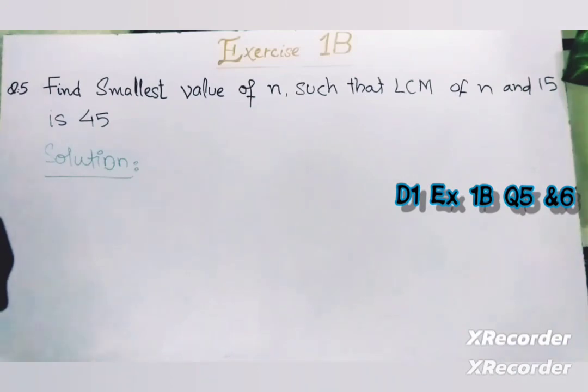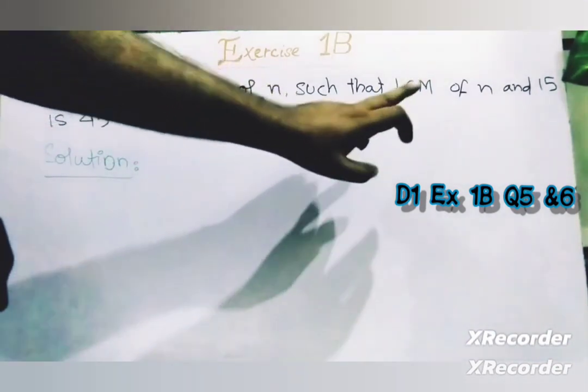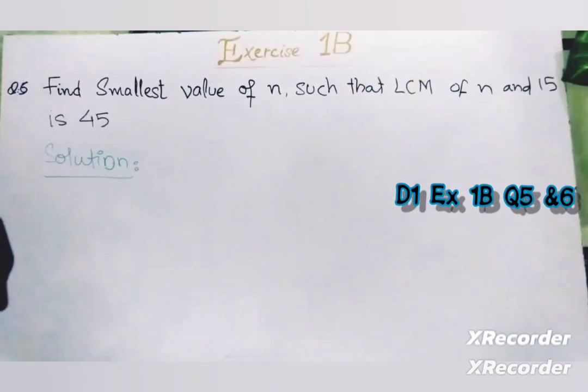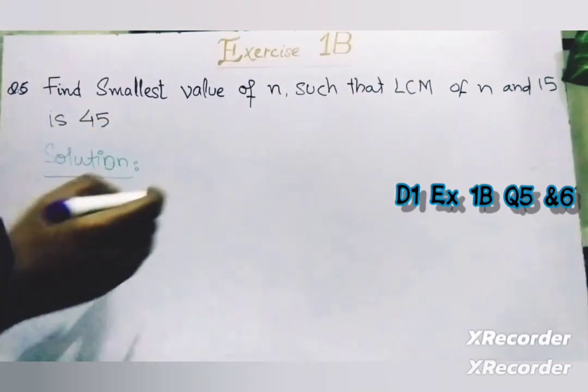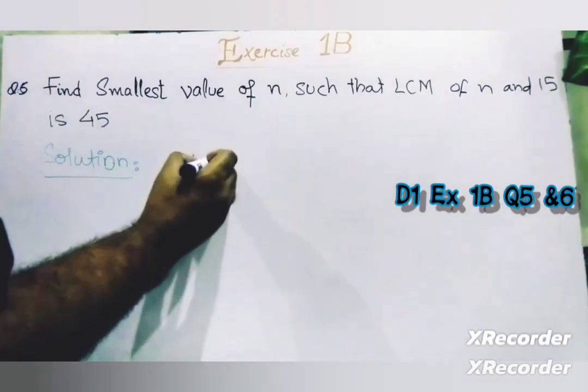Now for question number 6, find the smallest value of n such that the LCM of n and 15 is 45. So in this question the LCM is given. We do not need to find the LCM. So 45 is the LCM.